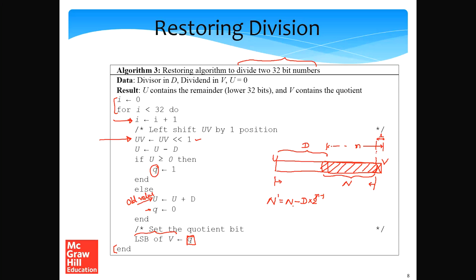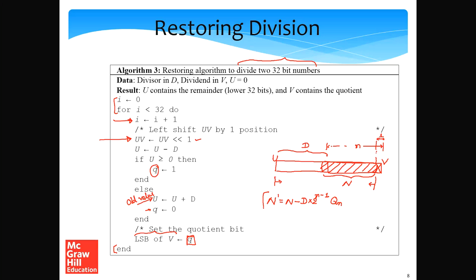Right, and since, well, I can maybe clean up the minus 1 a little bit. Okay, and since I initially assume that the quotient bit is 1, I can add qn, where qn is 1.